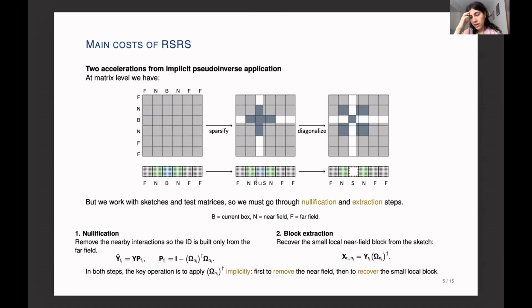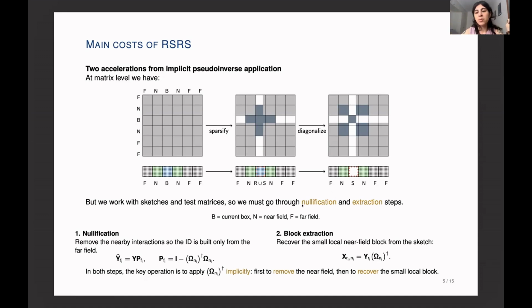But the thing is that we also need to adapt the problem if we want to use it for very large scale problems. Because when you compute RSRS in practice, it looks very nice, but as you increase the number of degrees of freedom, if you use traditional methods in linear algebra, it can become very expensive. In particular, since we're putting all of the information of the matrices on the samples, we need to distinguish between near field and far field.